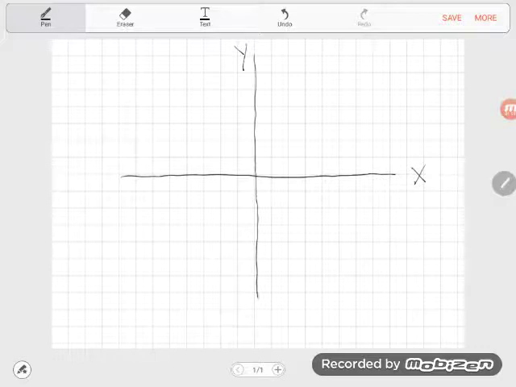Okay, and I'm going to draw a line here, and it's already messy. So I've got a line going, and now what I want to do is get a line that is perpendicular.